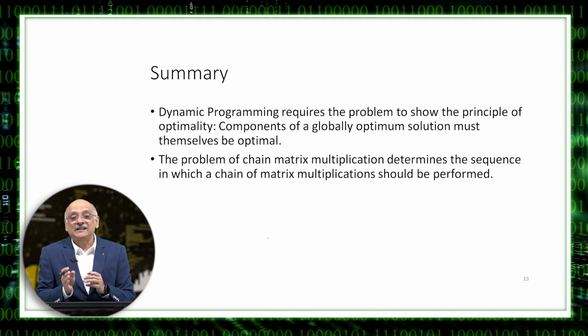The problem of chain matrix multiplication is basically to determine the sequence in which the chain of matrix multiplication should be performed. This is a typical example which shows the principle of optimality and should be solved with the help of dynamic programming. We have initiated the problem.